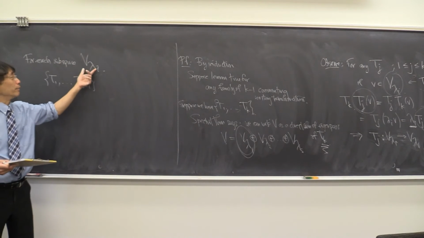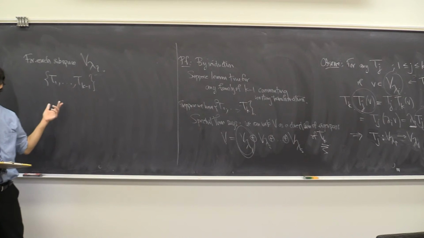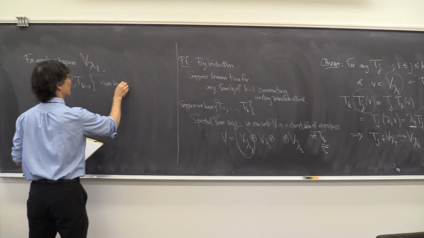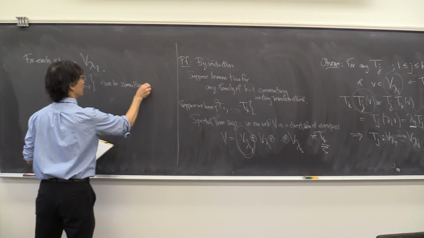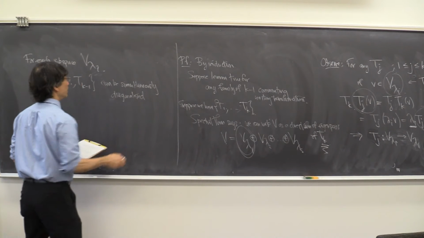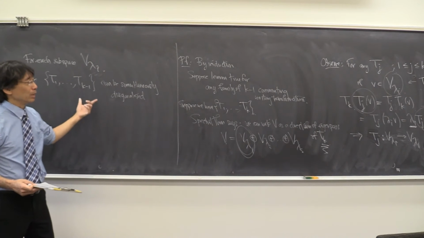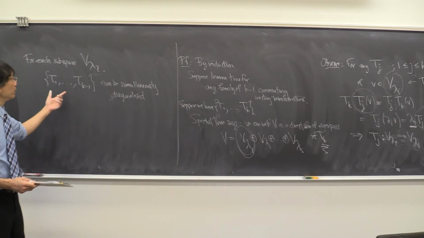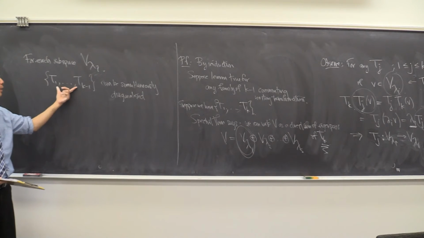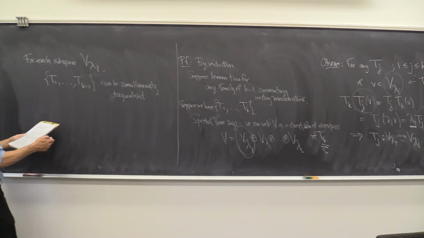We've got a vector space, and we've got these operators. They commute with each other, and there's k minus one of them. So they can be simultaneously diagonalized. That is, each of these guys in turn can be broken into a direct sum of smaller subspaces, each of which is an eigenspace for all of these guys.